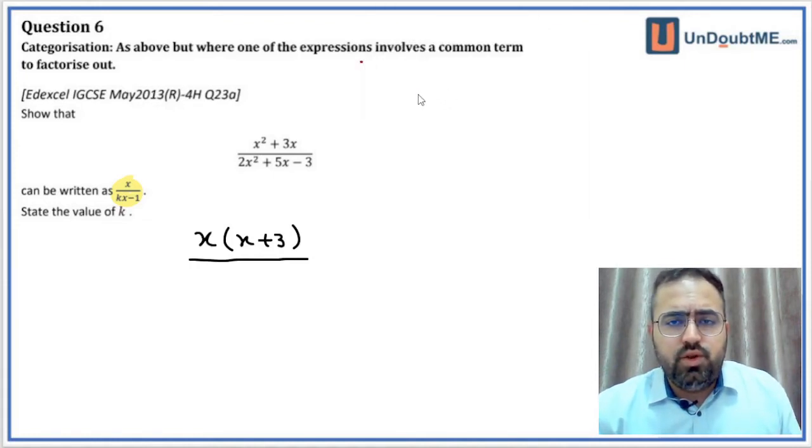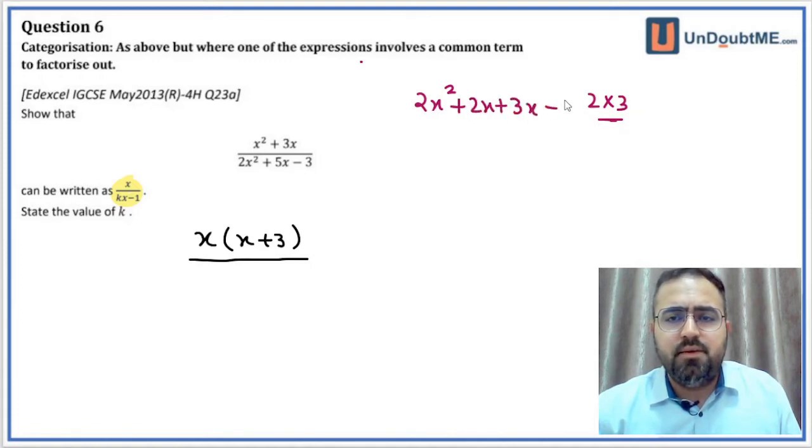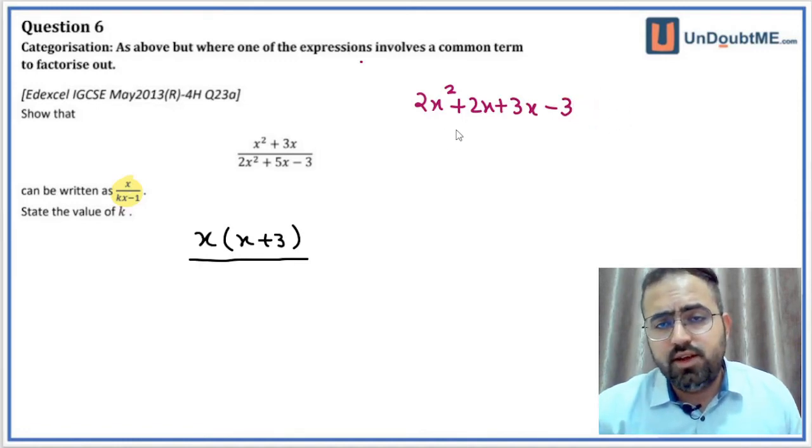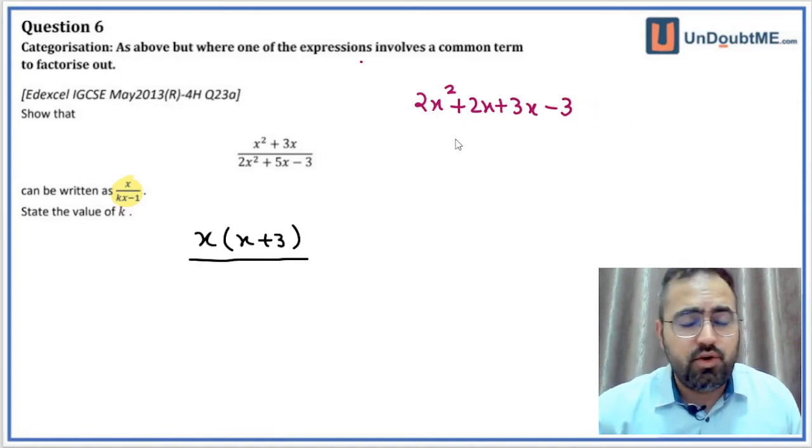So 2x squared, this 2 and 3 is 6, that gives me 5 also. So I will break that 5 into 2x plus 3x minus 3. Now you have to just think over whether this will give you the same factors or not.